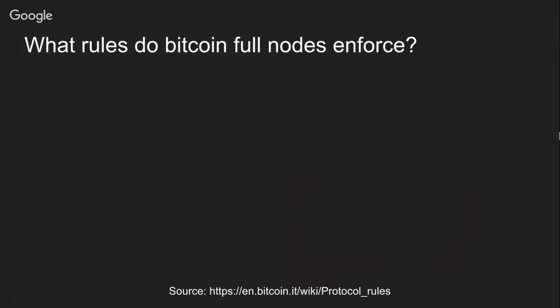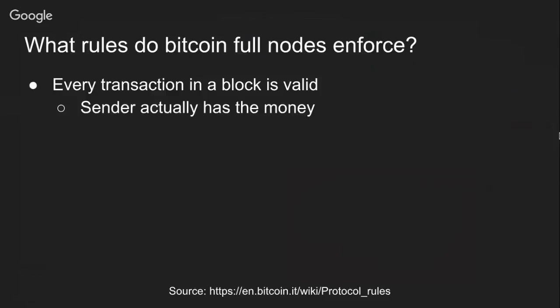So what are some of the rules that full nodes enforce? These are just some of the rules. A full list of rules you can find on the link in the source at the bottom of this slide. That's on the Bitcoin Wiki protocol rules page. But for example, some of the rules that full nodes enforce are that they make sure every transaction in a block is valid, meaning that the sender actually has the money.